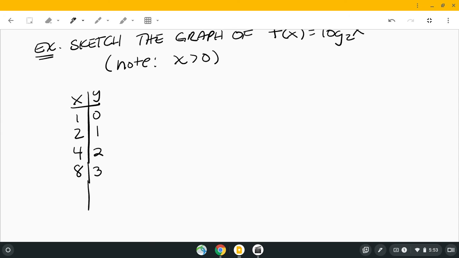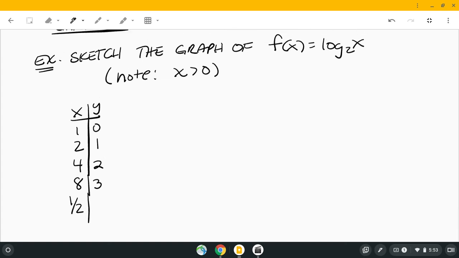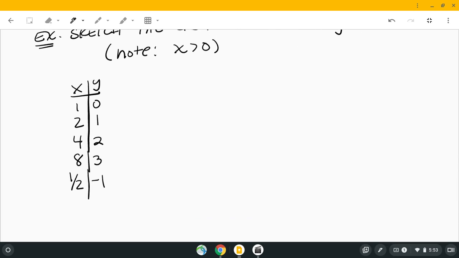Some other ones to choose: 1/2, that's a nice one because that's just the reciprocal of 2. So that must be an exponent of -1. And same thing with 1/4, that's an exponent of -2. All right, so let's go ahead and see what the graph looks like.